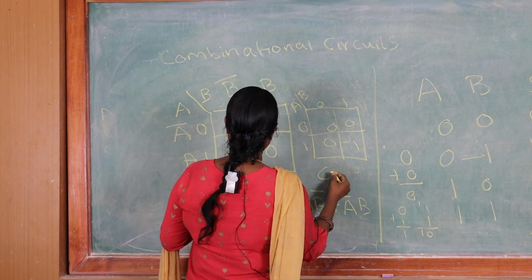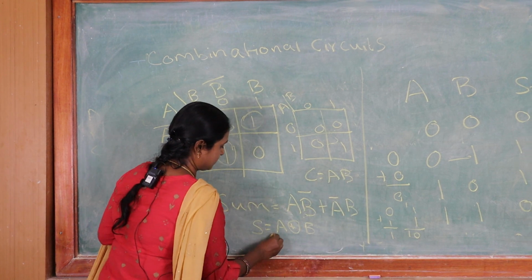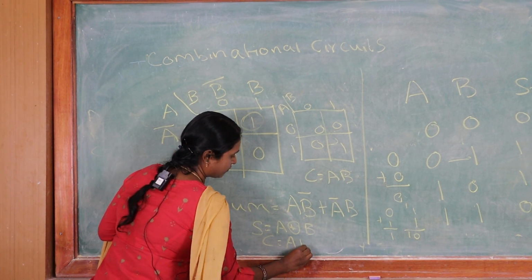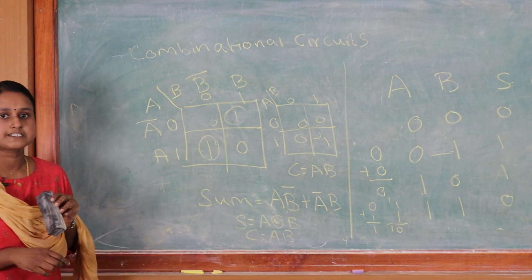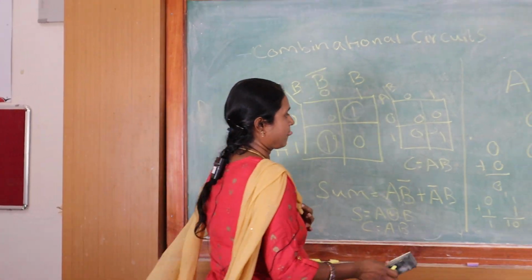So carry is equal to AB. What is my next step? Last step, we have to draw the logic diagram for this expression.